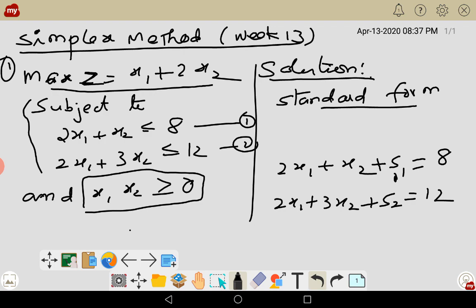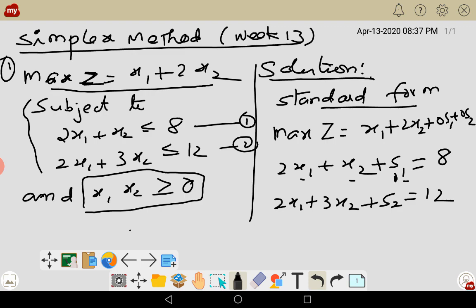And now we will write the objective function. See, I have written only constraints. Now we are writing the objective function, which is maximize z. There are now four variables, x1, x2, s1 and s2. So the coefficient of x1 is 1, x1 plus 2x2 is given to you, and 0 times s1, 0 times s2.